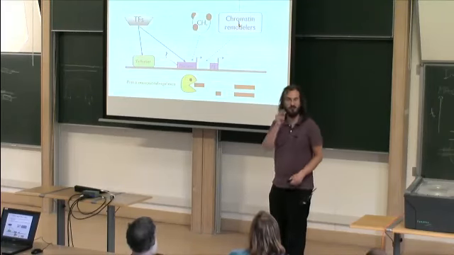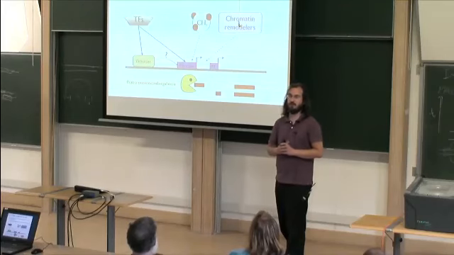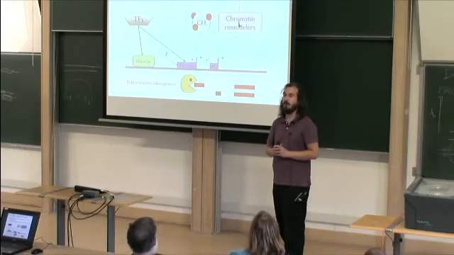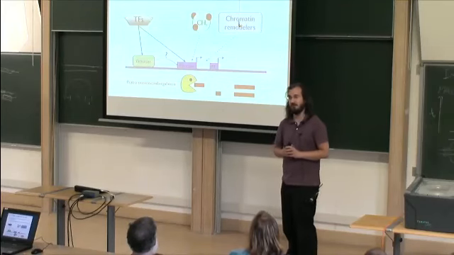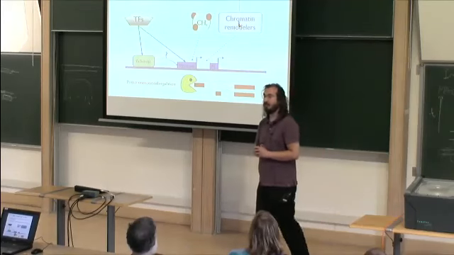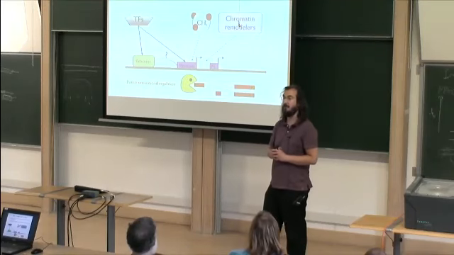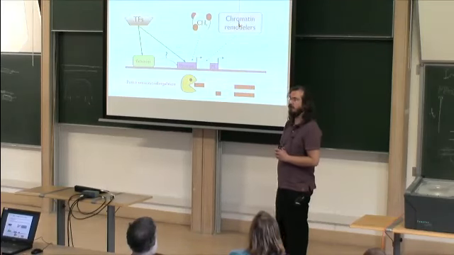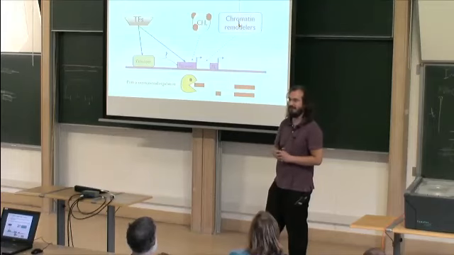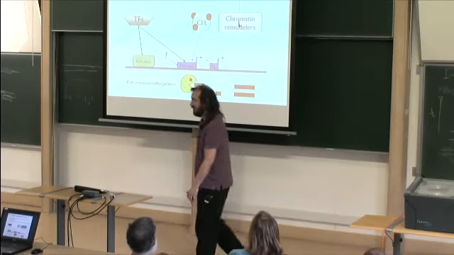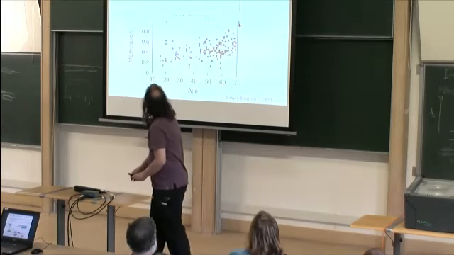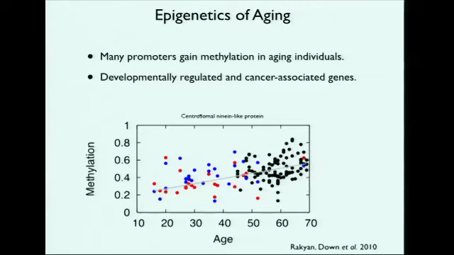There are many proteins that interact with methylated DNA or prefer not to interact with methylated DNA. There's a complex readout, and we're only just starting to put this into the network of genome regulation. There are a couple of little studies we're doing to try and get a handle on this.